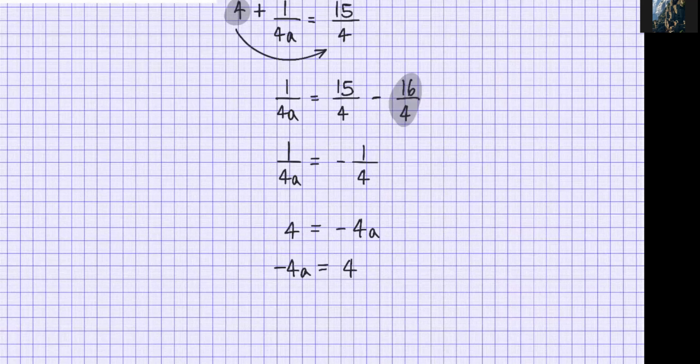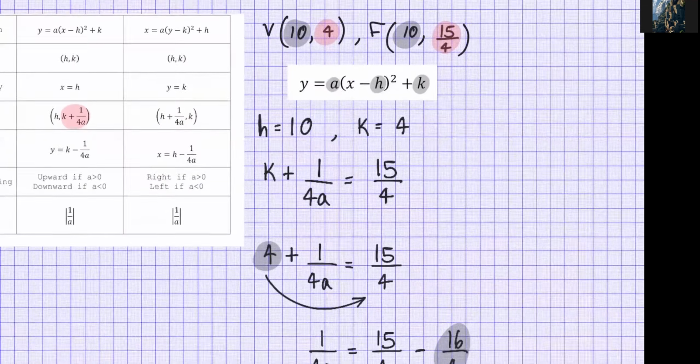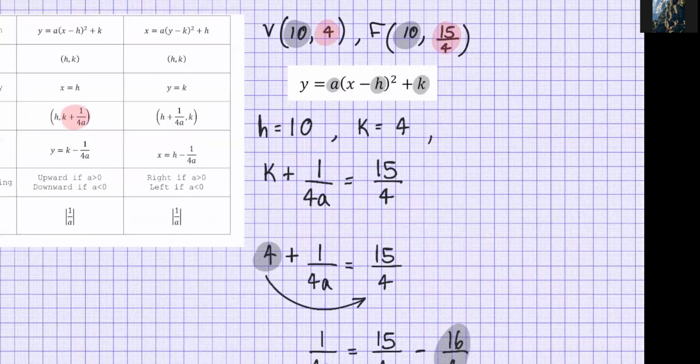So it's very obvious that A will be negative 1. So now I have my third value. I already know that A will be negative 1.